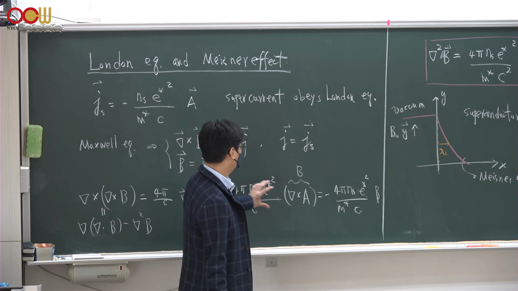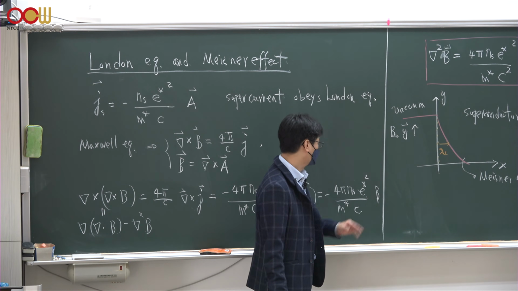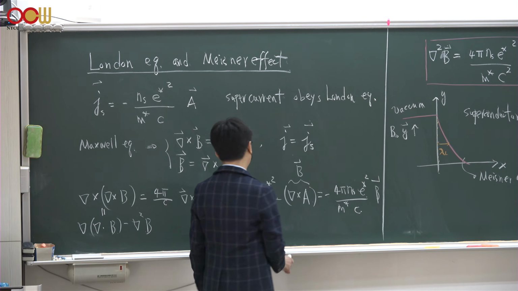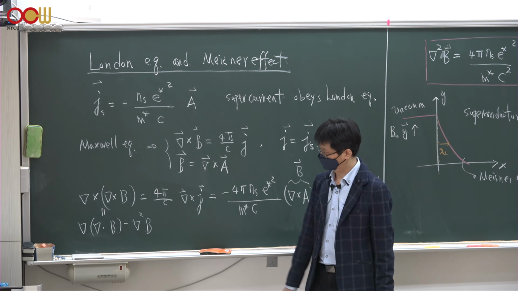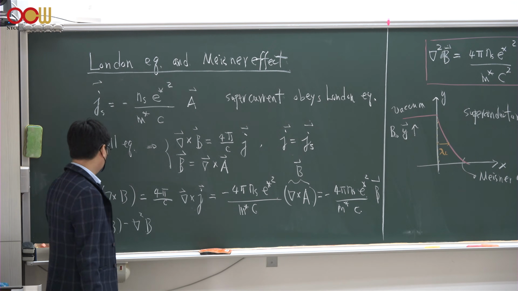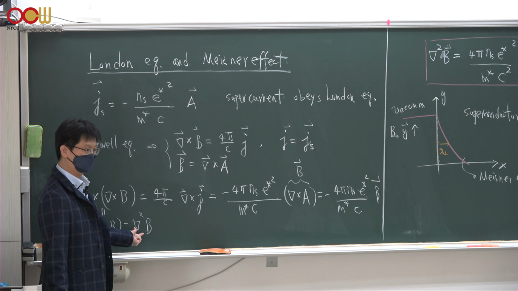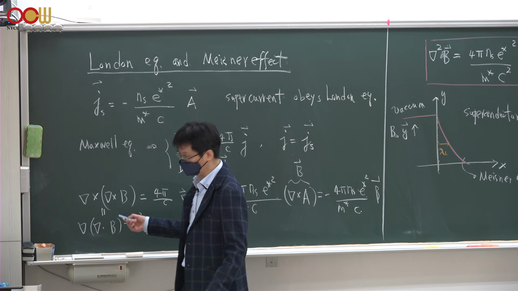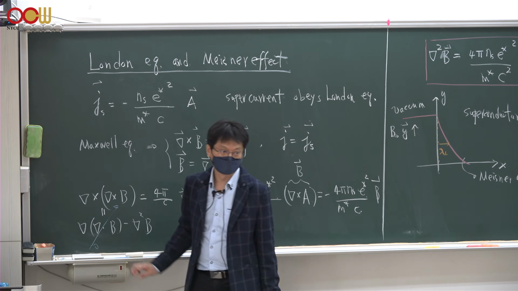So you immediately recognize that on the right-hand side of the equation, it is some constant prefactor times the magnetic field, B vector. But on the left-hand side, this curl curl of B, based on your applied math or mathematical physics, is given by the gradient of the divergence of B minus the Laplacian of B, or gradient squared of B. But since there is no magnetic monopole in this system, the divergence of B vanishes.